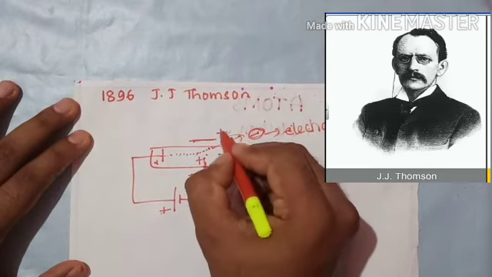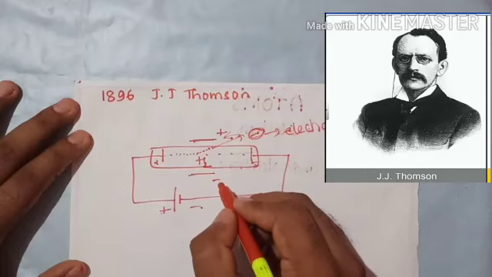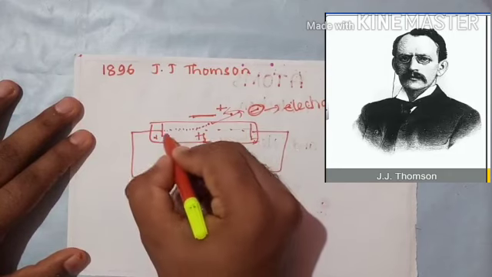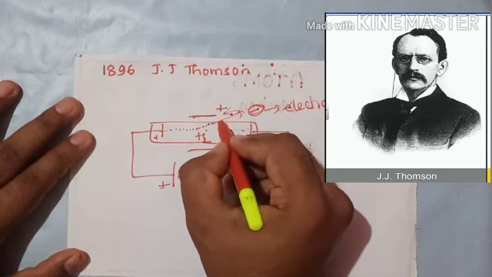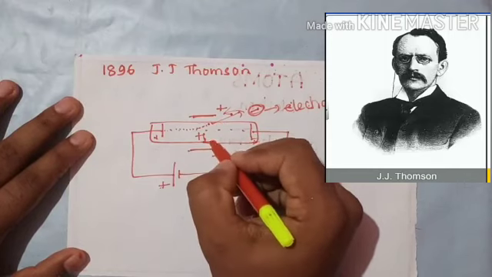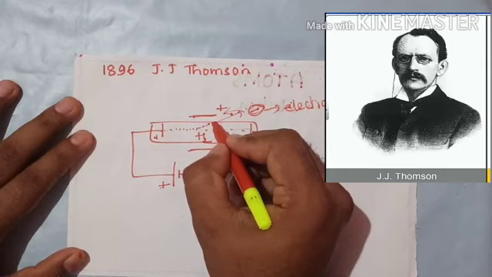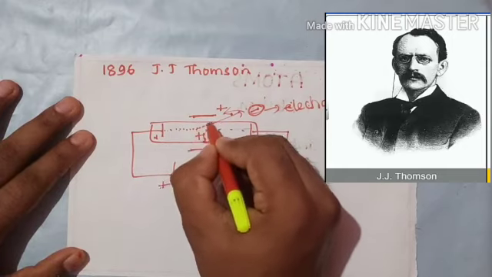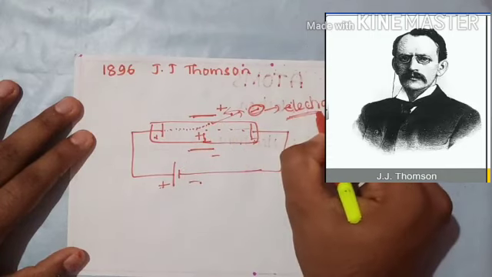When he applied the positive and negative fields, that is the electric field, careful observation revealed that some particles are moving towards the positive terminal. You all know that unlike charges attract each other. So he named these negative particles electrons.